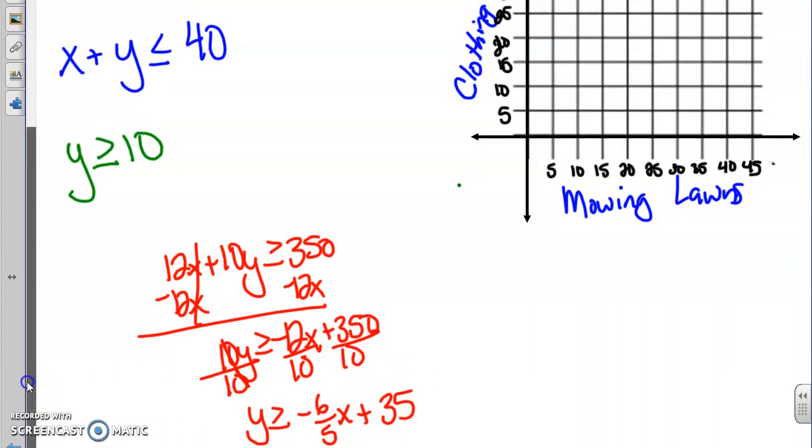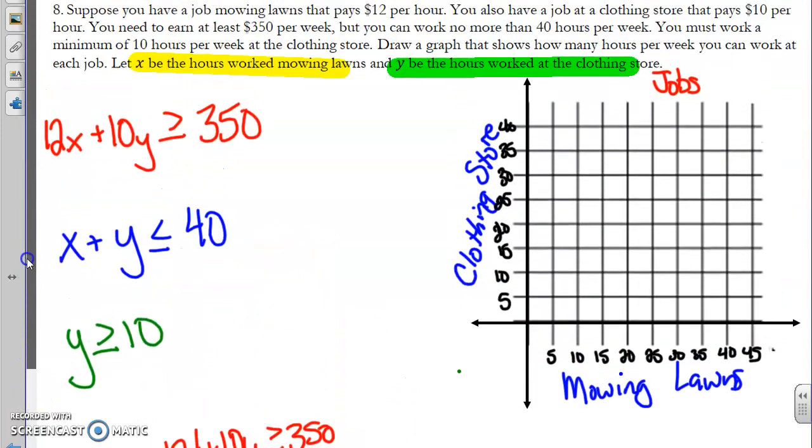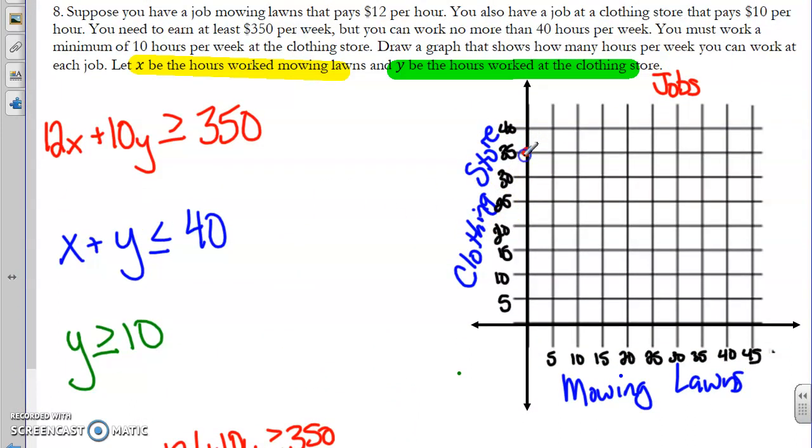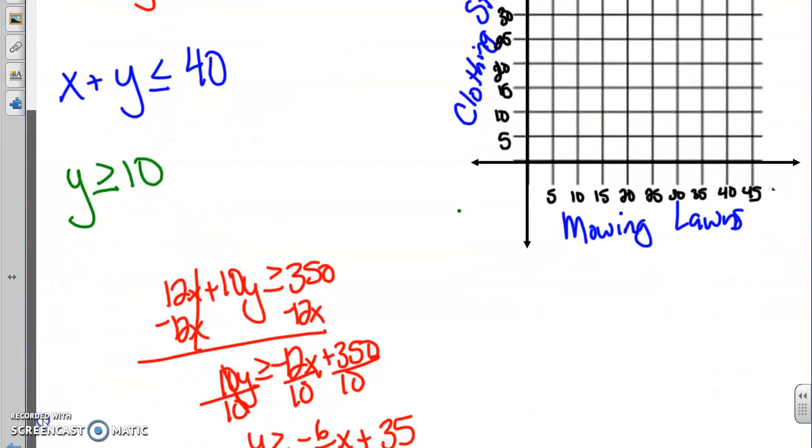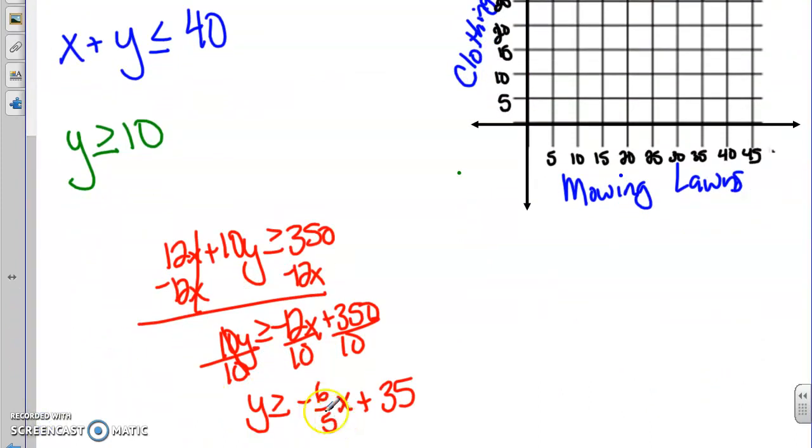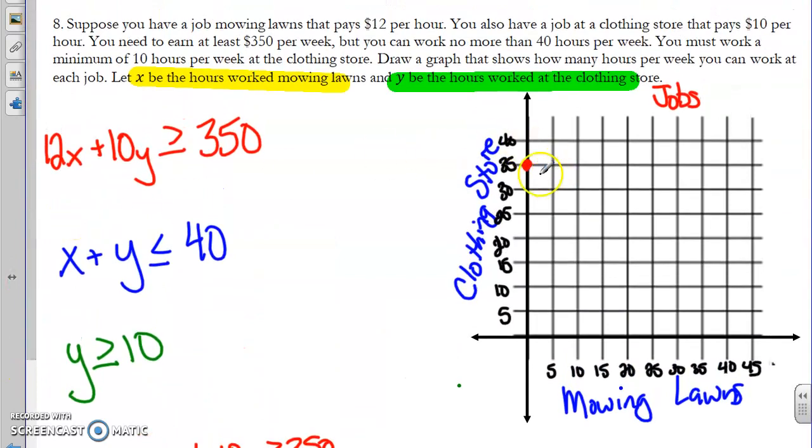So we know our y-intercept is 35, so I'm going to put a dot on 35. And the slope was down 6, right 5. So you're going to have to do some thinking on this, because if you're at 35, then you're going to be at 29. So you're kind of underneath it. Each time you're subtracting 6. So you're at 29, right 5, right 5.